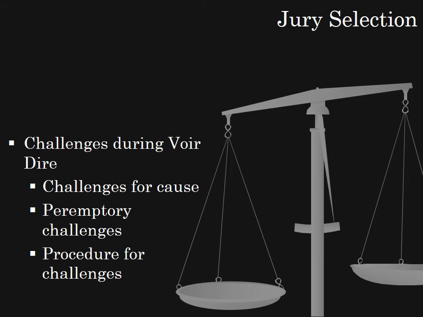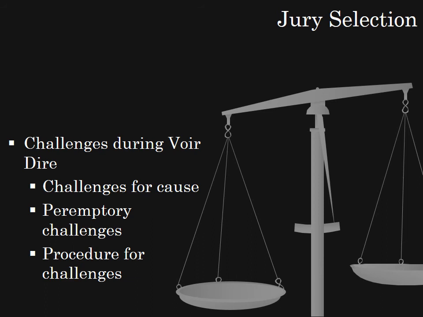So one of the things that will be decided at that pre-trial conference is how many challenges we're going to agree to. Okay, so there are these things called peremptory challenges, and those are people that we can, whether we're plaintiff or defendant, dismiss as potential jurors.